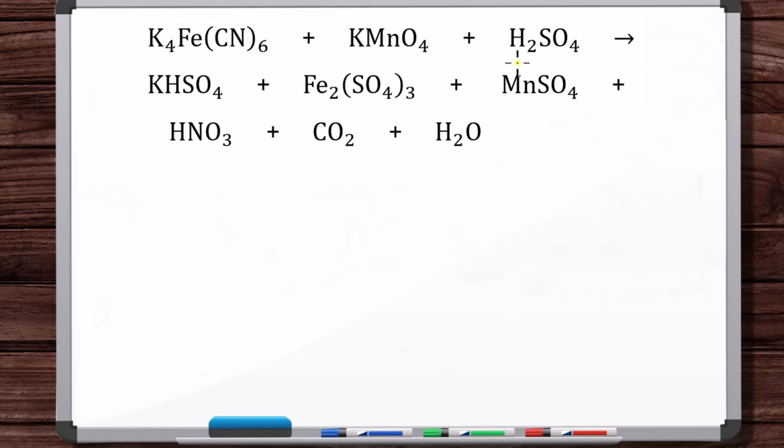Okay, so here it looks like we can substitute for a sulfate group. You've got sulfates on both sides, and there's no extra sulfur running around here like there was before.